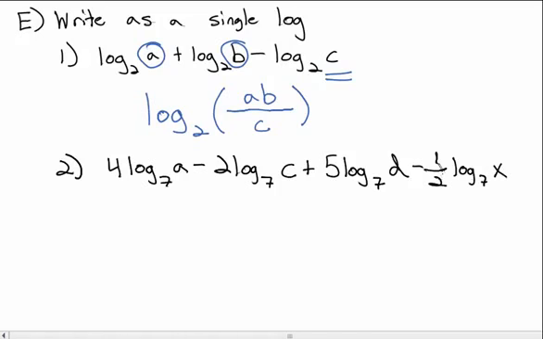First, before we squish all these together into a single log, we've got all these coefficients out front that are going to make life difficult to work with. But we have a property that says those coefficients out front can double as exponents inside.